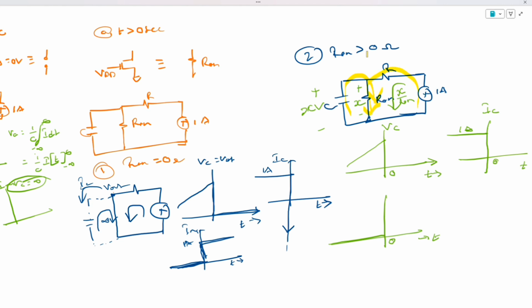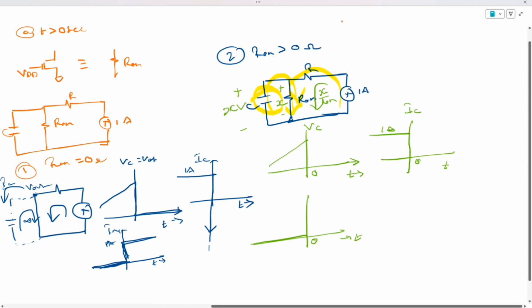So where will that current come from? Definitely this X by R1 can't be given by this 1 ampere current source. So that current will come from this capacitor. The capacitor will contribute some amount of current, and the current source will contribute some amount of current.